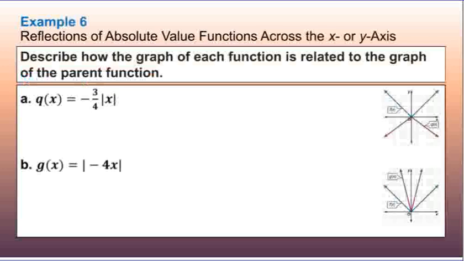Now let's take a look at an example here. It says describe how the graph of each function is related to the graph of the parent function. So Q of x equals negative 3/4 times the absolute value of x. This is on the outside, so this is a vertical change. And then 3/4, this would be a compression.